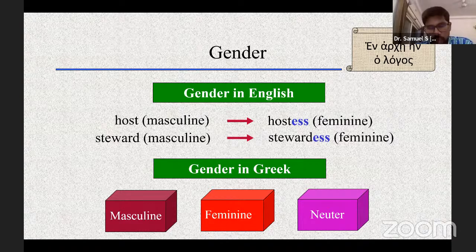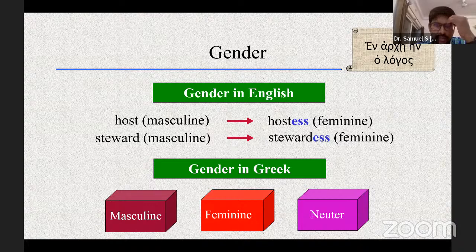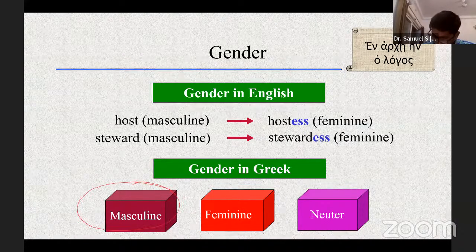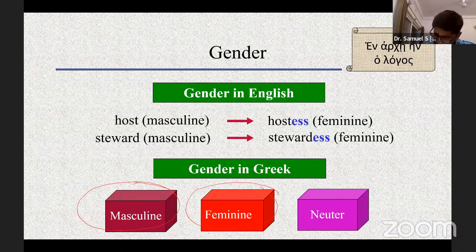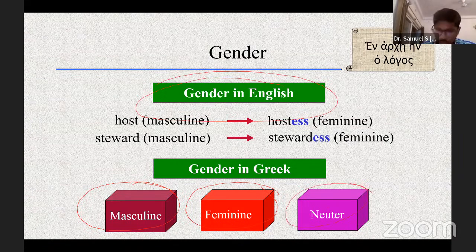There are three genders in Greek. There is the masculine gender, there is the feminine gender, just like English, but there is also neuter gender. Masculine, feminine, and neuter. Every single noun in Greek will be either masculine or feminine or neuter.